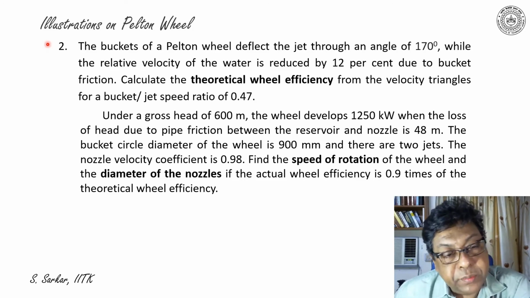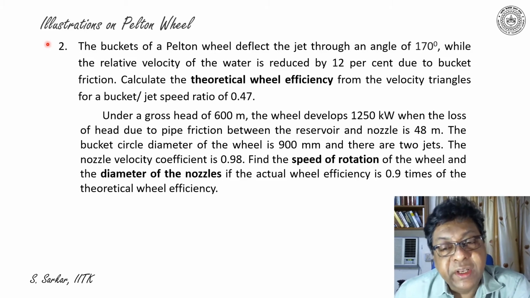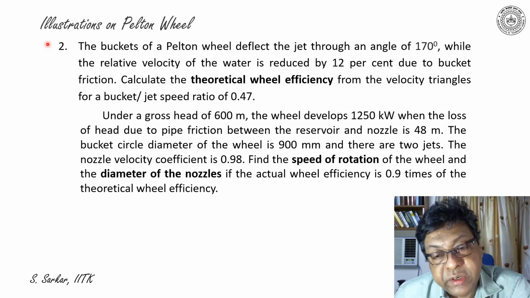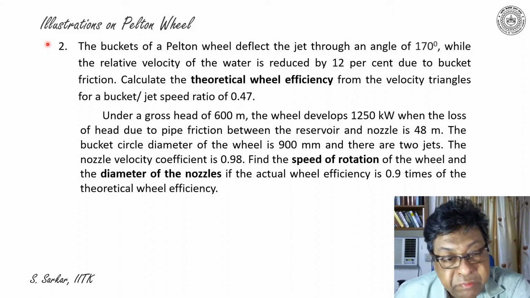The statement of the problem is: the buckets of a Pelton wheel deflect the jet through an angle of 170 degrees, while the relative velocity of water is reduced by 12% due to the bucket friction.